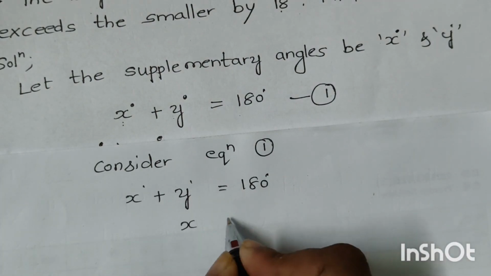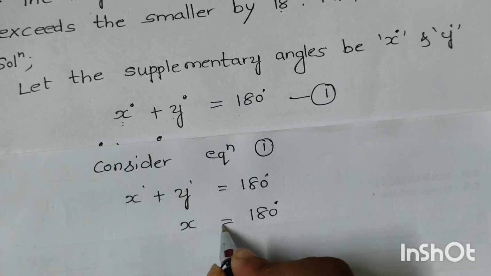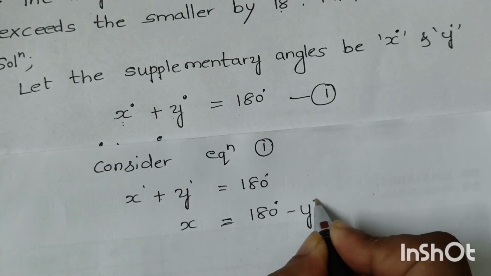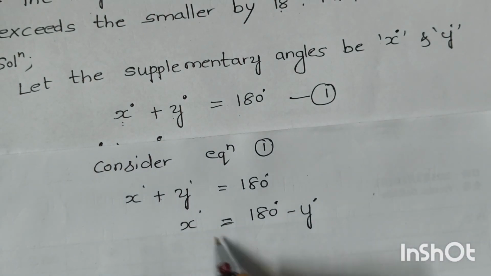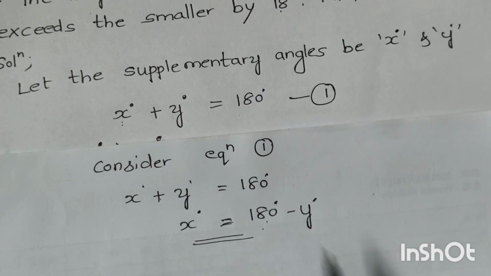Now x is equal to 180 degree minus y, because when it crosses the equal to sign, it becomes minus y.